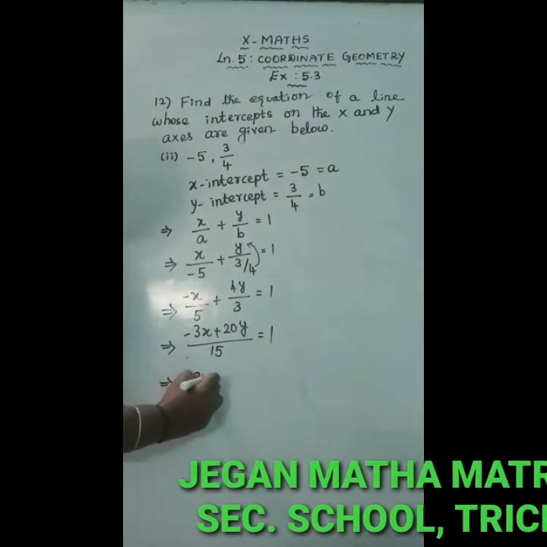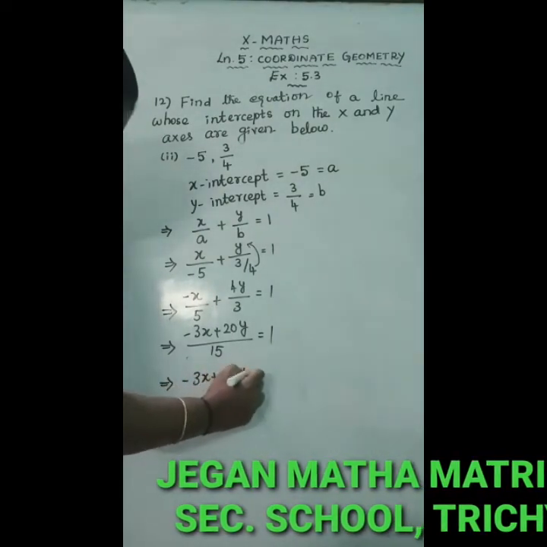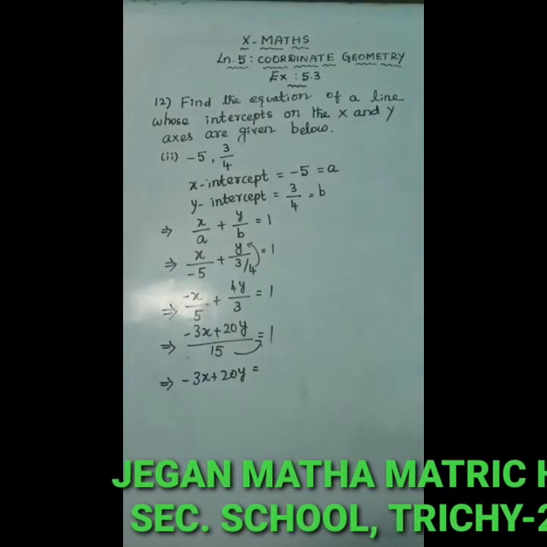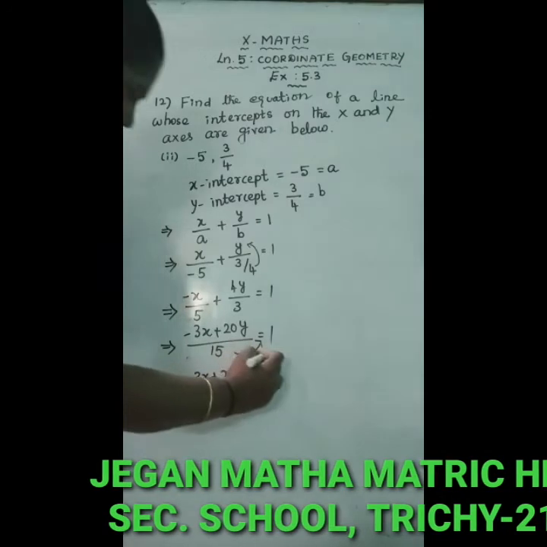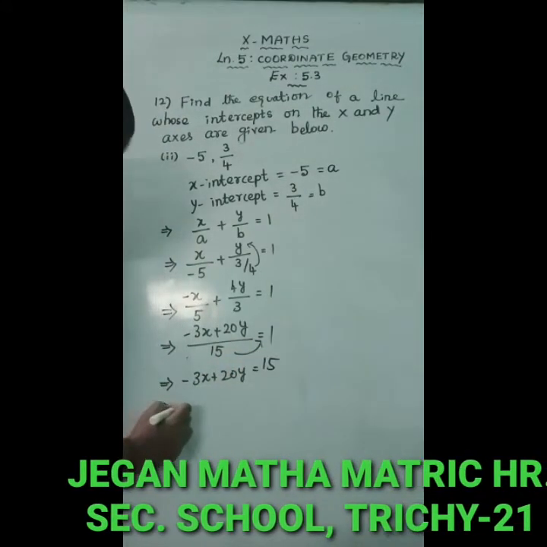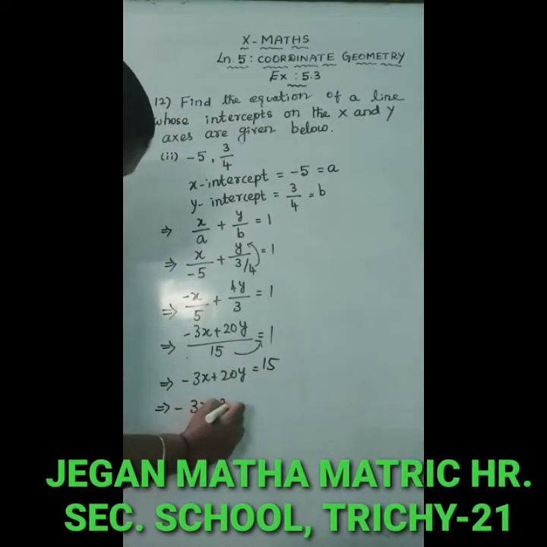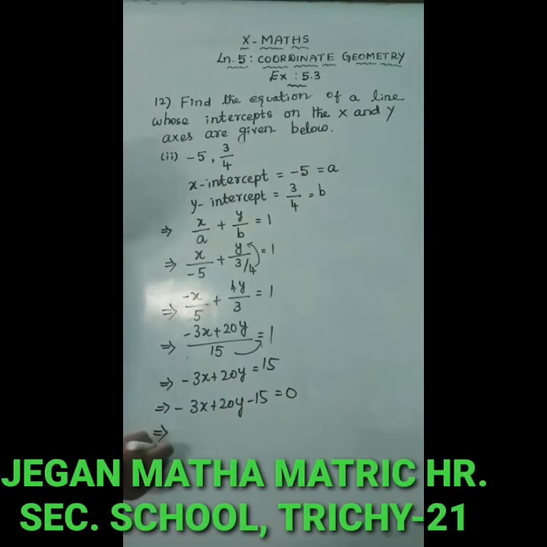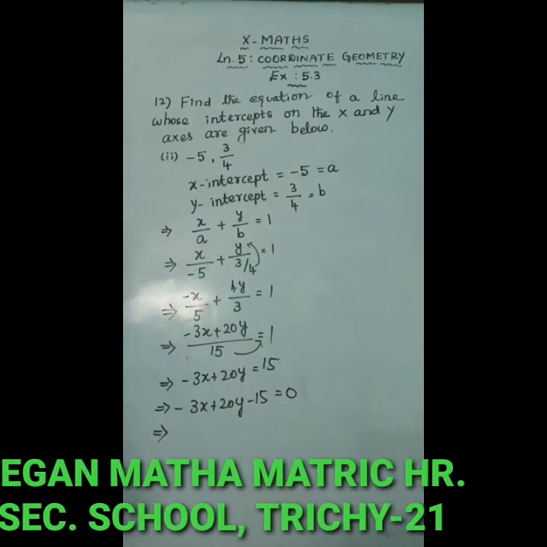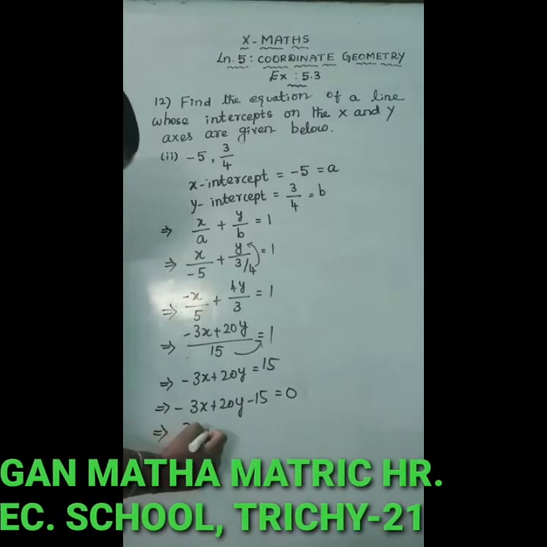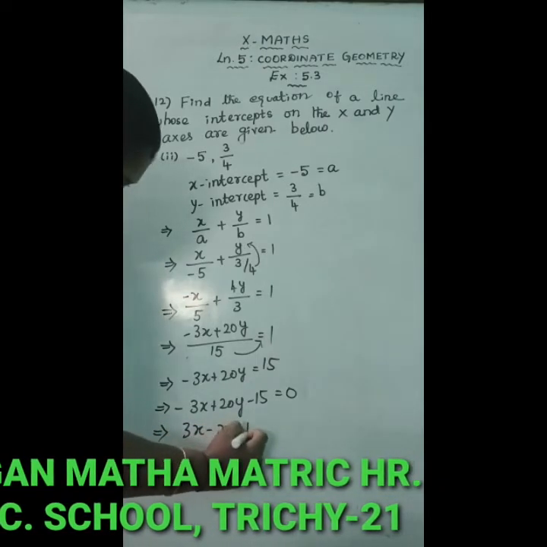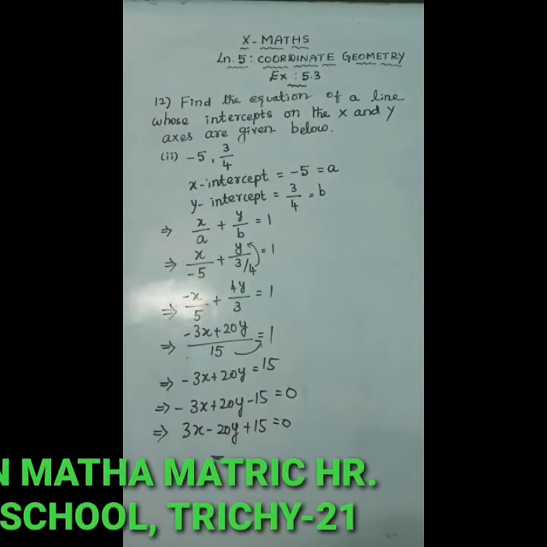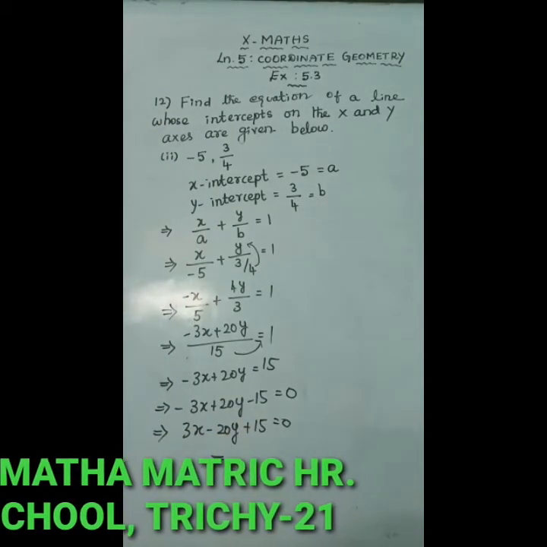So, minus 3x plus 20y is equal to 15, 1 into 15 we have 15. So, minus 3x plus 20y minus 15 equal to 0. Multiplying by minus, we have 3x minus 20y plus 15 equal to 0. So this is the required equation.